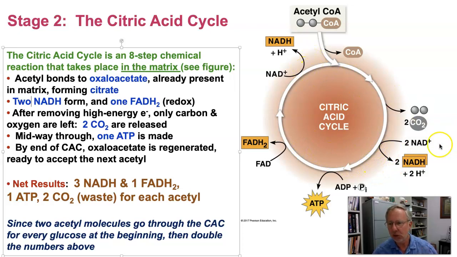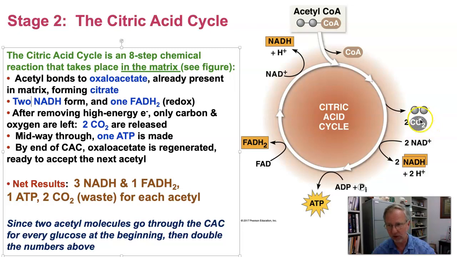Now, why is the number 2 here? So you see 2 carbon dioxides, because when those electrons and hydrogens are removed, again, carbon dioxide is the waste. So this is where the rest of the carbon dioxide is produced in cellular respiration. We just saw some produced at pyruvate oxidation. Now we're seeing the remaining carbon dioxide is being released during the citric acid cycle.